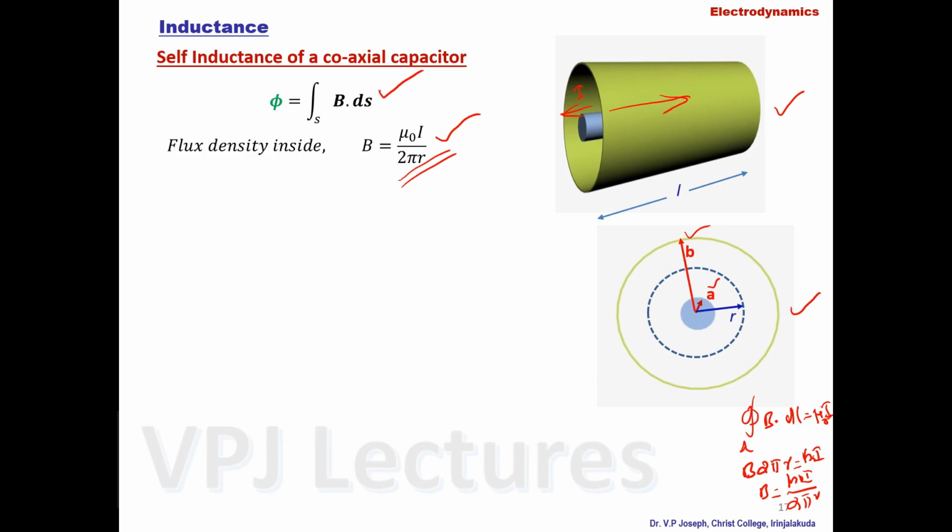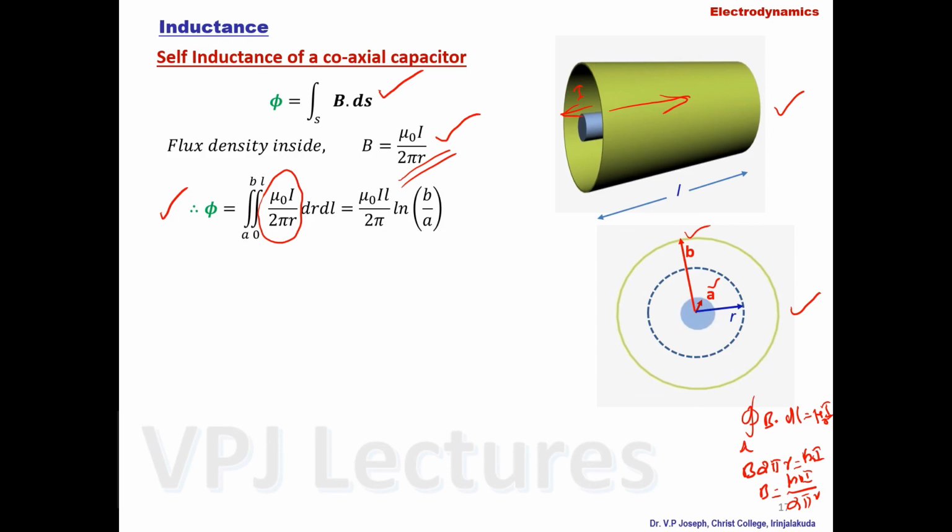So we want to find the total flux using this expression. Phi is given by the integral from a to b, 0 to L, of mu 0 I by 2 pi r dr into dl. So mu 0 I by 2 pi r is equal to B, and phi is equal to B dot ds.